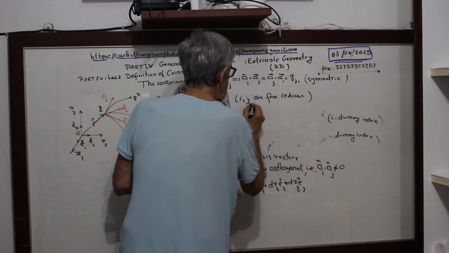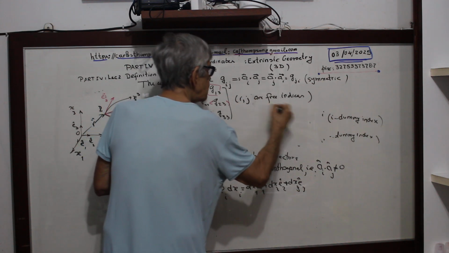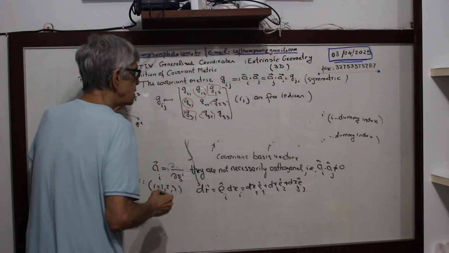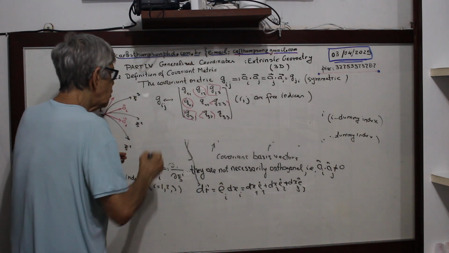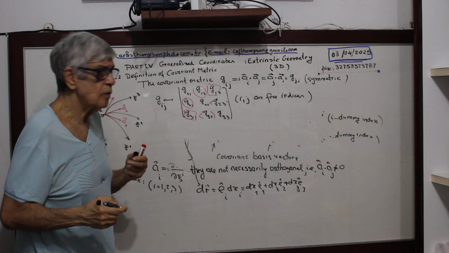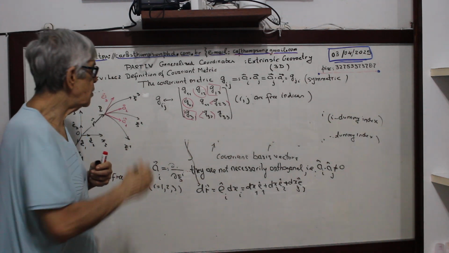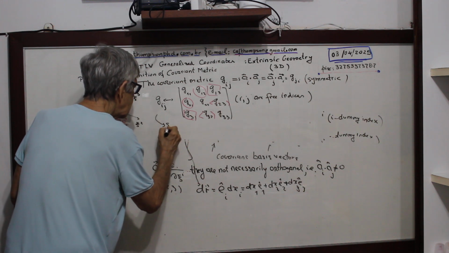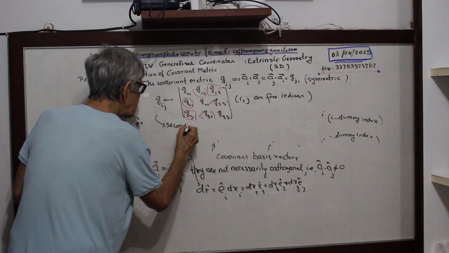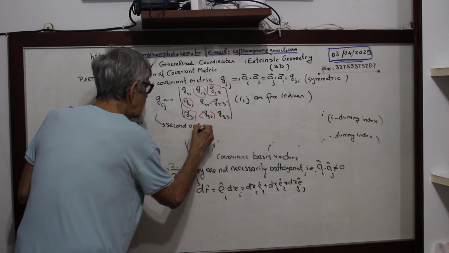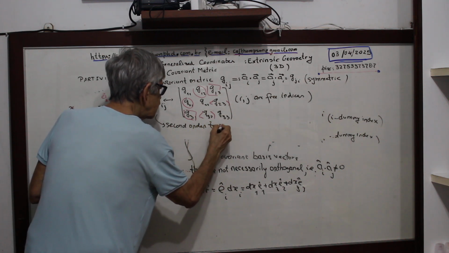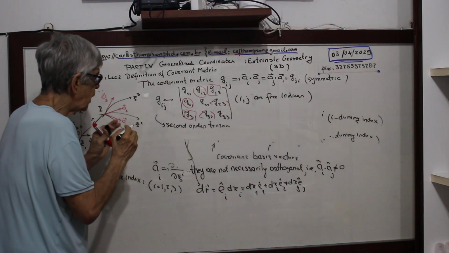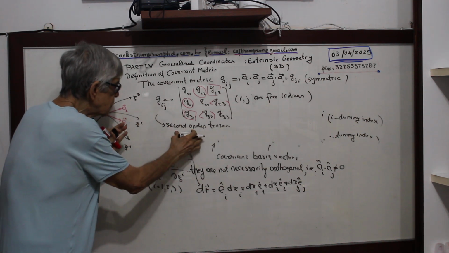You see? I, comma, J are free indices. Okay? So, in general, as I was saying, in the literature they call G a second order tensor. Next video, I will talk about this.